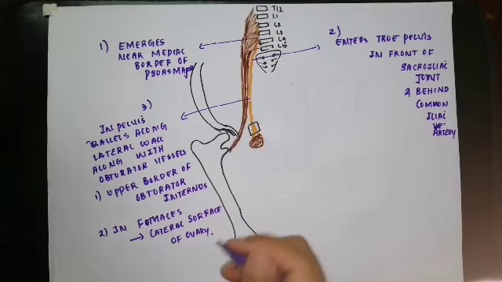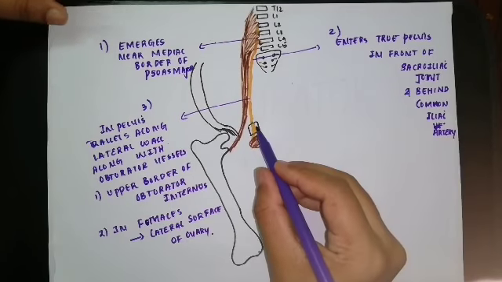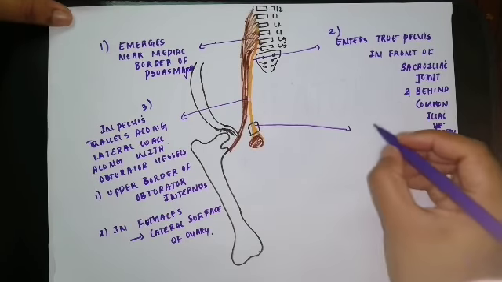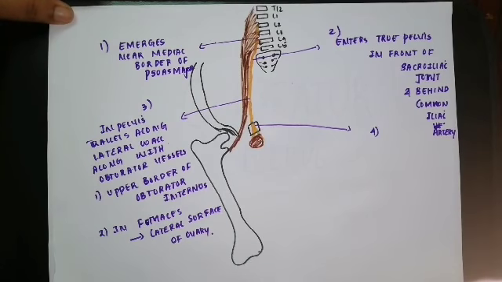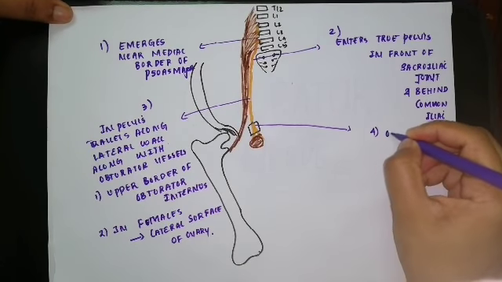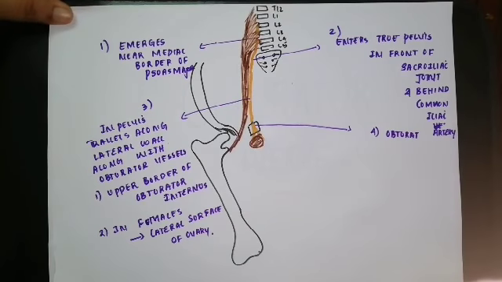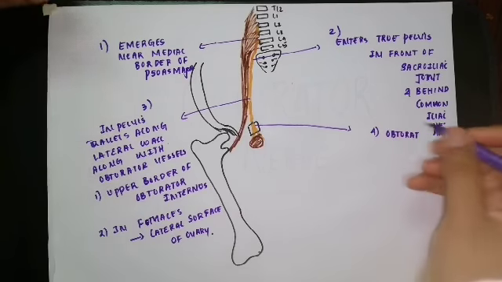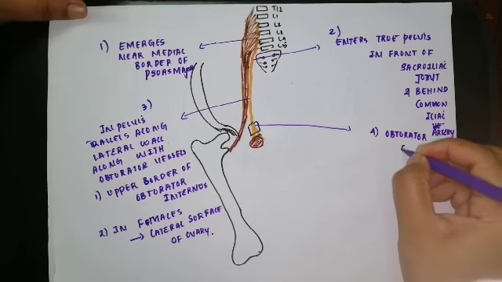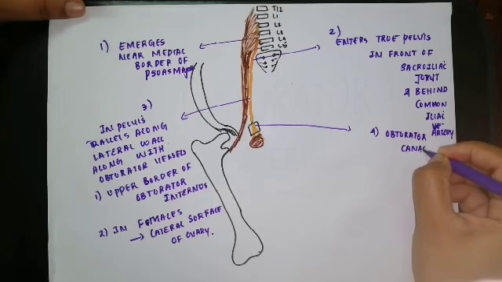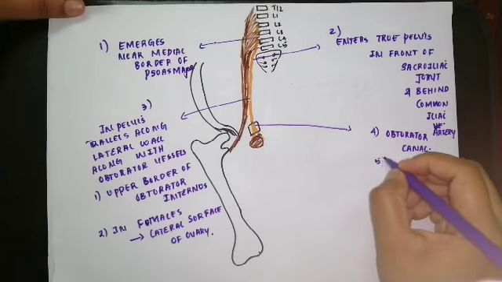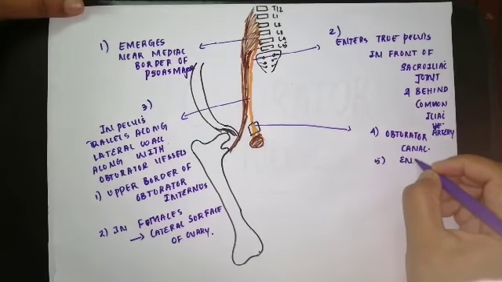Now what happens? That is the fourth part, it passes through the obturator canal. This neurovascular bundle, that is the obturator nerve along with the obturator vessels, passes through the obturator canal. Then it enters the thigh, the fifth one.